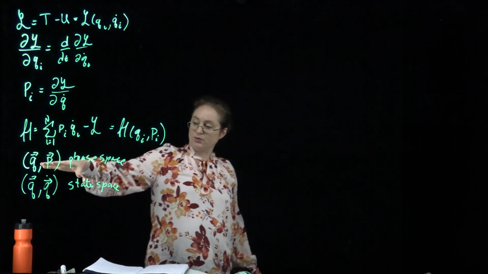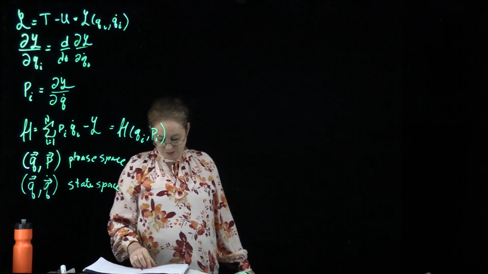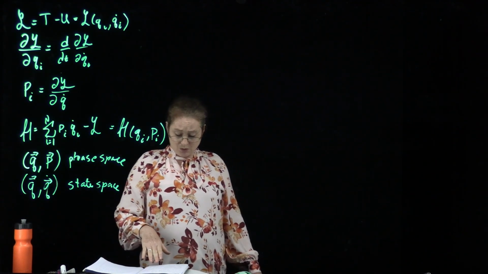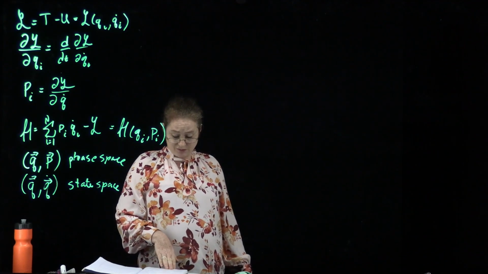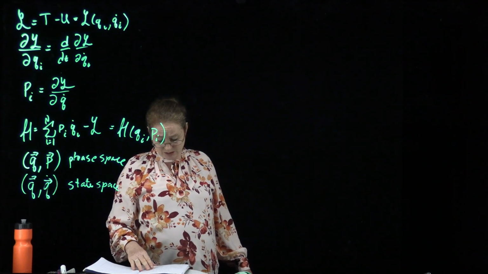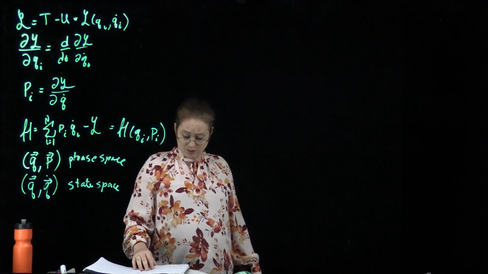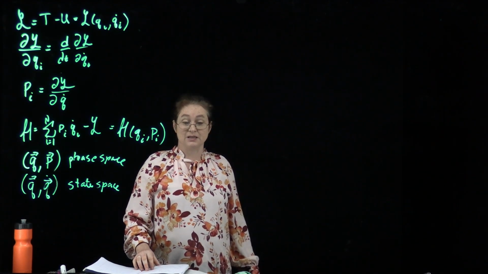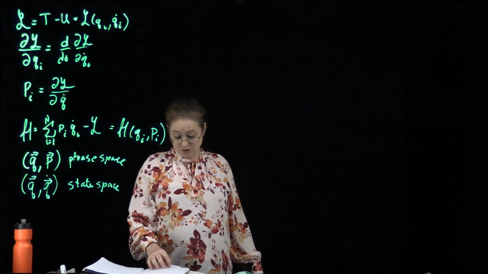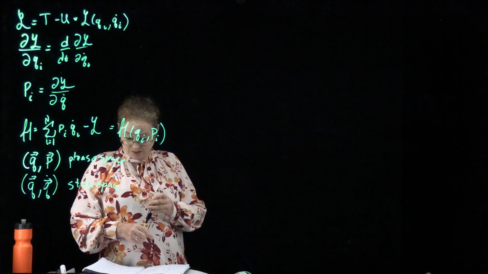So here there are not explicitly derivatives involved. The phase space has some geometric properties which make it a little more convenient than state space. And the Hamiltonian is best suited to cases where we do not have dissipative forces, so energy is conserved. We assume the forces are conservative, and that works.